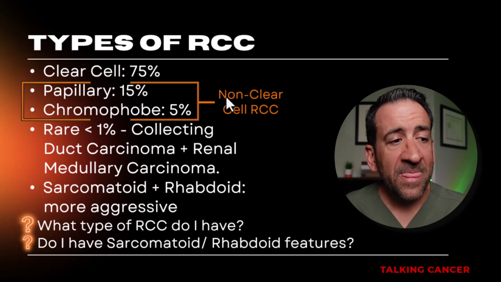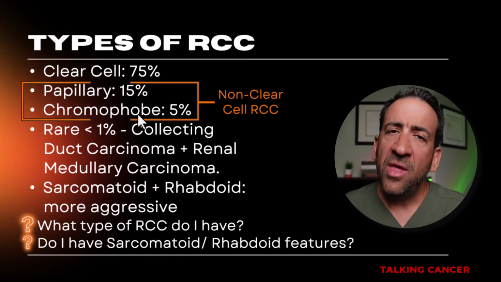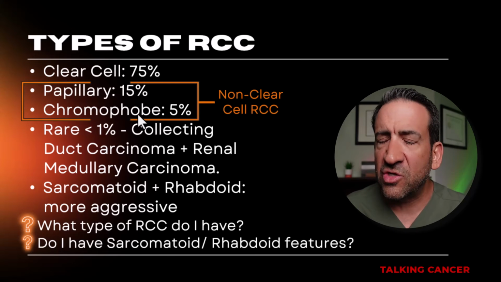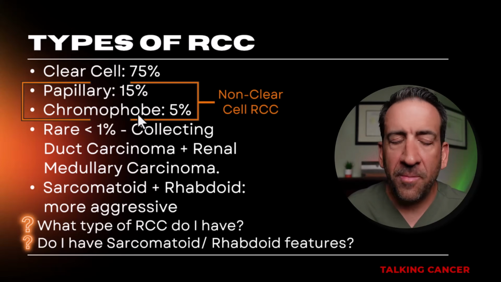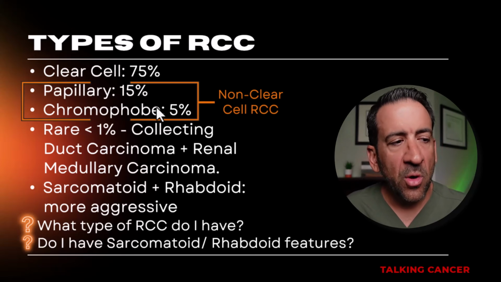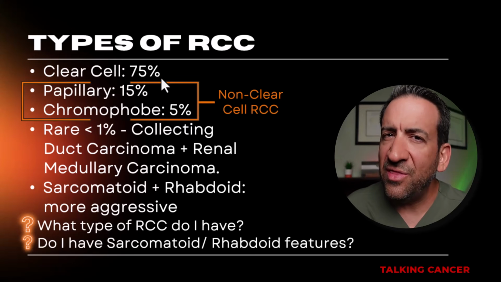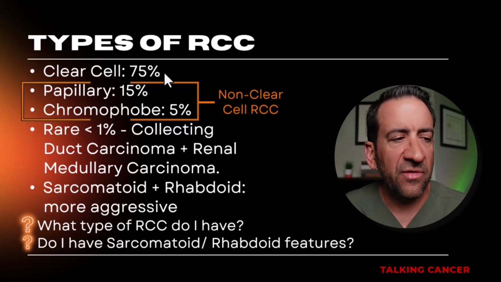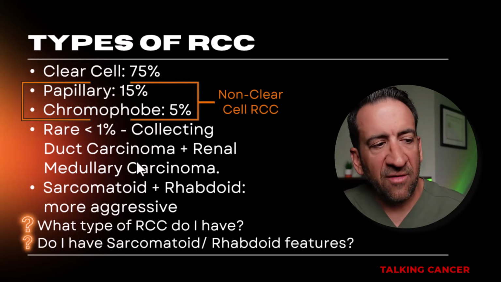Now, if you have a non-clear cell, the papillary or the chromophobe, there are some differences, especially when it comes to the medication part, the immunotherapy, chemotherapy, etc. But for the most part, the top three are pretty much treated the same, okay? Some minor differences, but the collecting duct and the medullary, totally different.